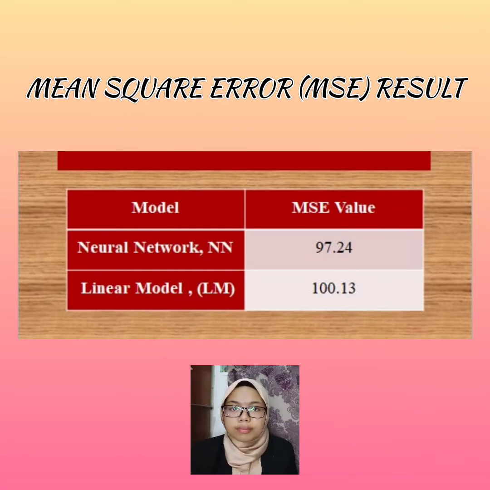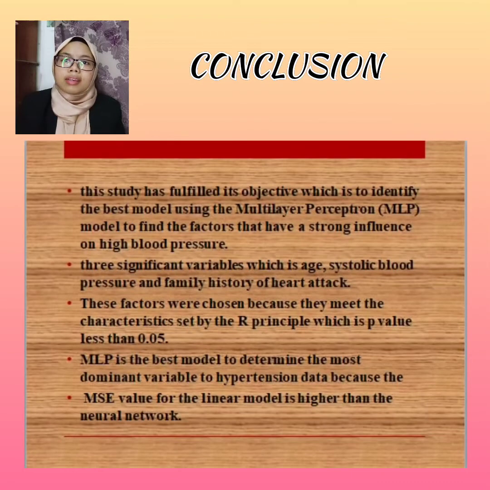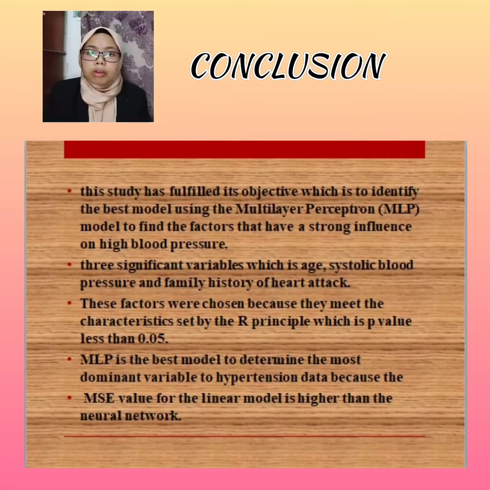to the hypertension data. In short, we can say that this study has fulfilled its objective, which is to identify the best model using the multilayer perceptron model to find the factors that have a strong influence on high blood pressure. From the model used, we found that there are three significant variables, which are age, systolic blood pressure, and family history of heart attack.